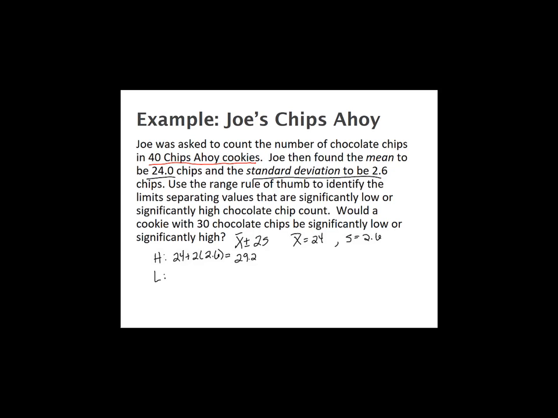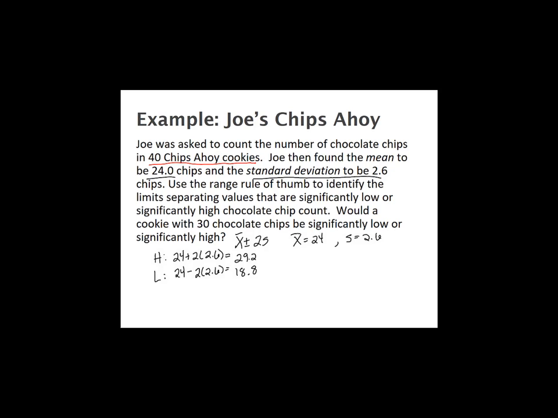To get my lower boundary, I'm going to once again take the mean of 24 and then subtract 2 times the standard deviation of 2.6, and I get 18.8. So that is my high and low boundary, and then I'm asked about 30 chocolate chips. Would a cookie with 30 chocolate chips be significantly low or significantly high?